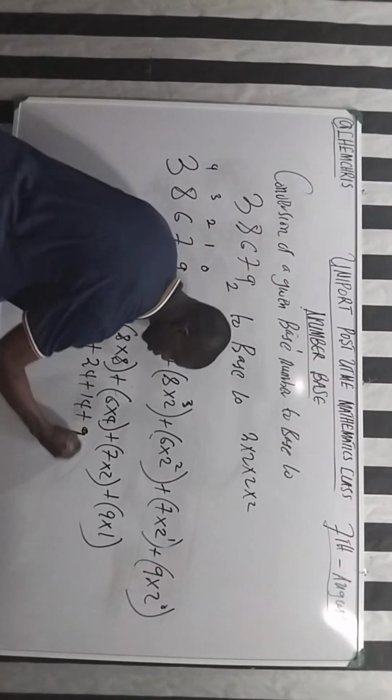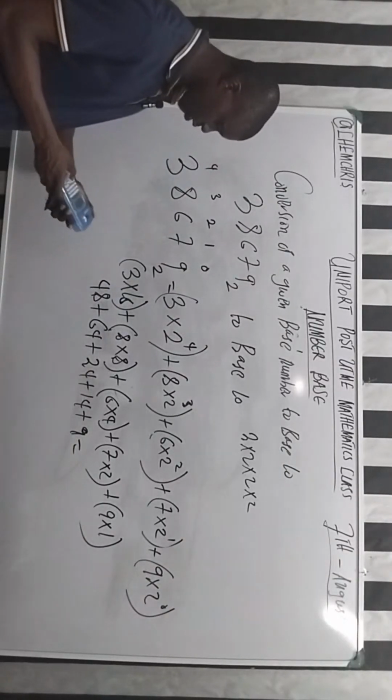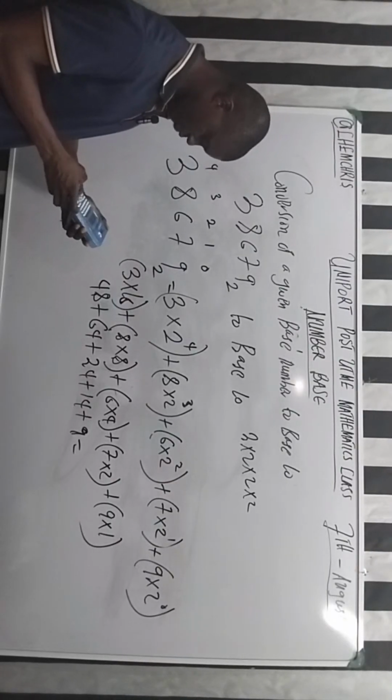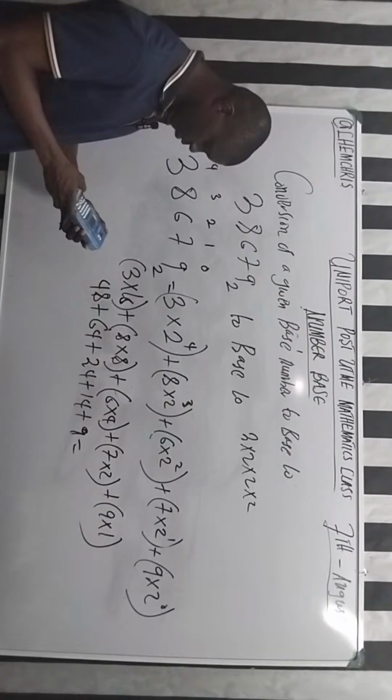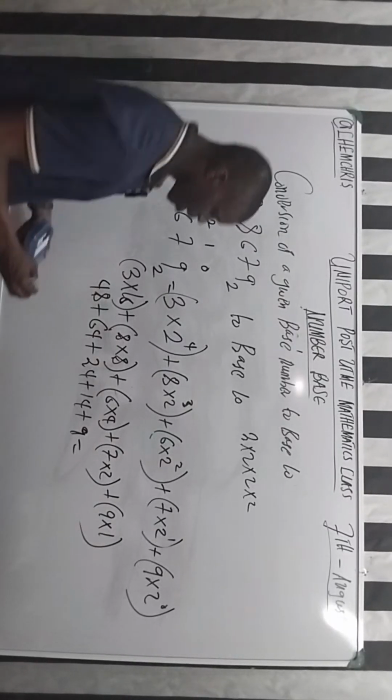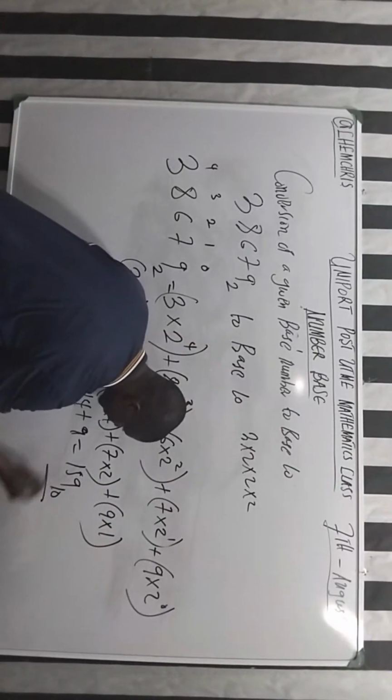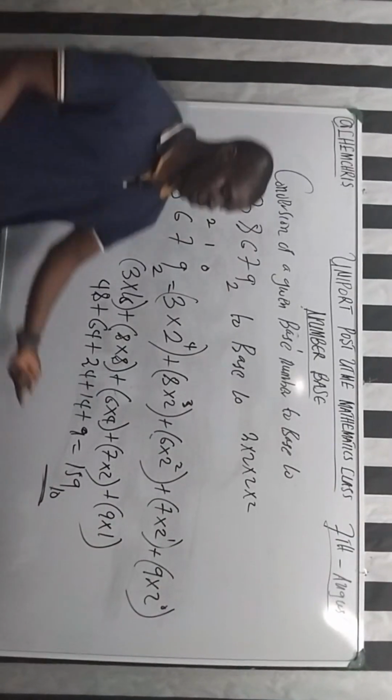You sum everything together. So it will be 48 plus 64 plus 24 plus 14 plus 9, which gives 159 in base 10. So this is the answer.